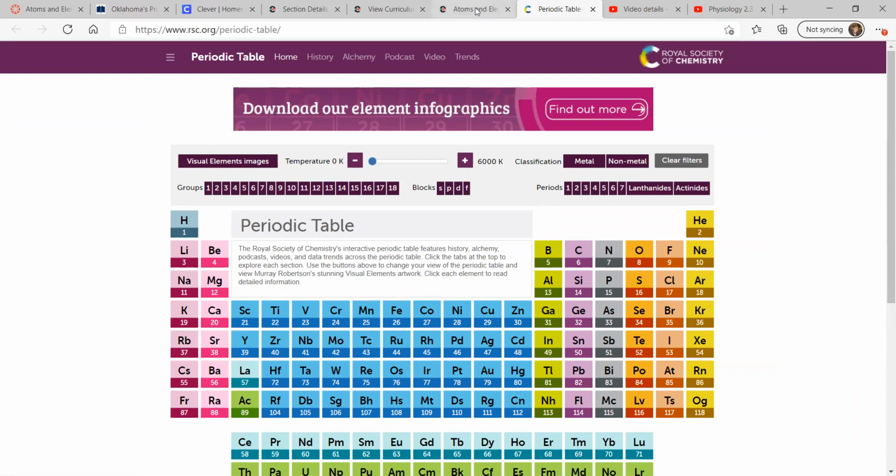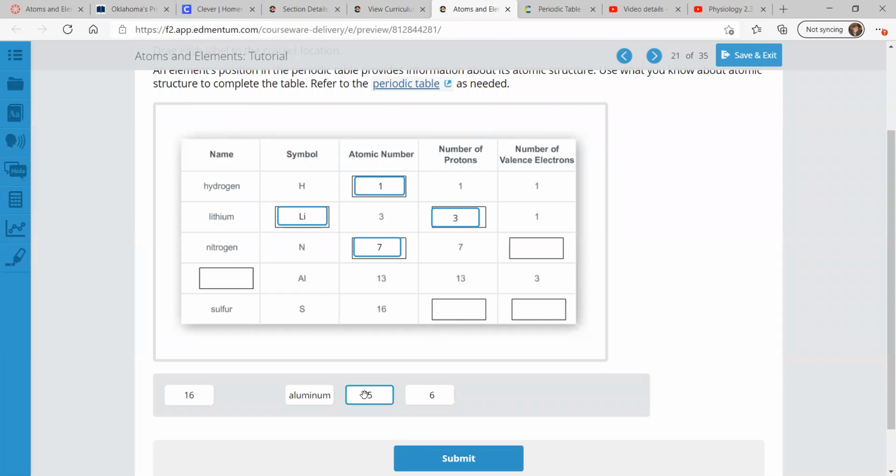Let me get back. There we go. So 5 valence electrons for nitrogen. We know Al is the symbol for aluminum, or aluminium in other parts of the world. Sulfur has an atomic number of 16.